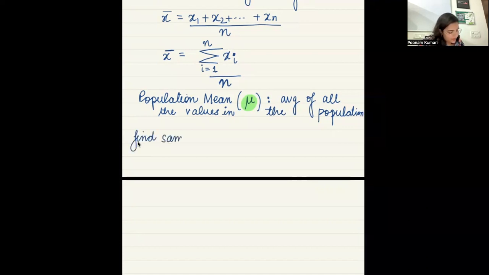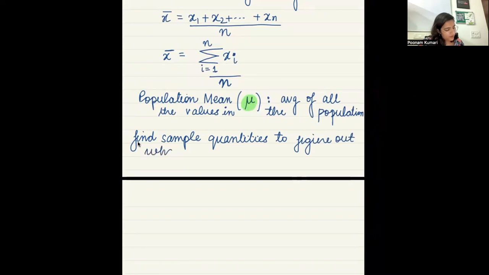So what you always try to do is find sample quantities to figure out what your population parameters are.